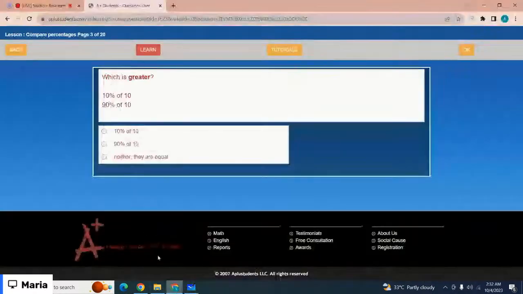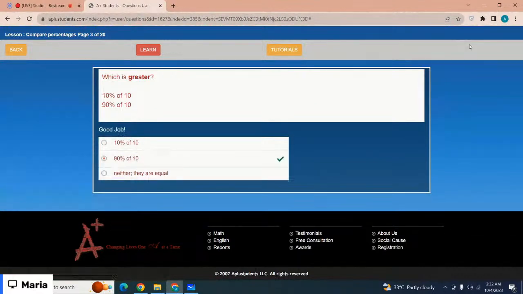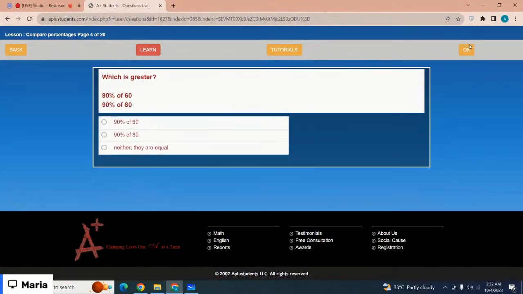So 90% of 10 is greater than 10% of 10, right? Okay, which is greater, 90% of 60 or 90% of 80?